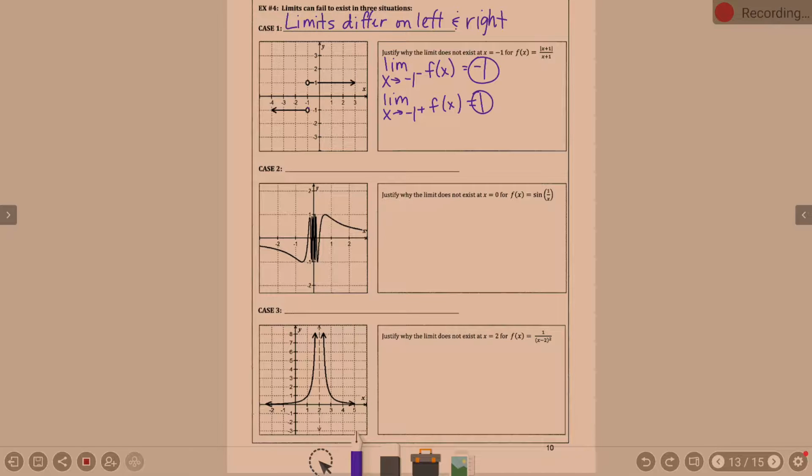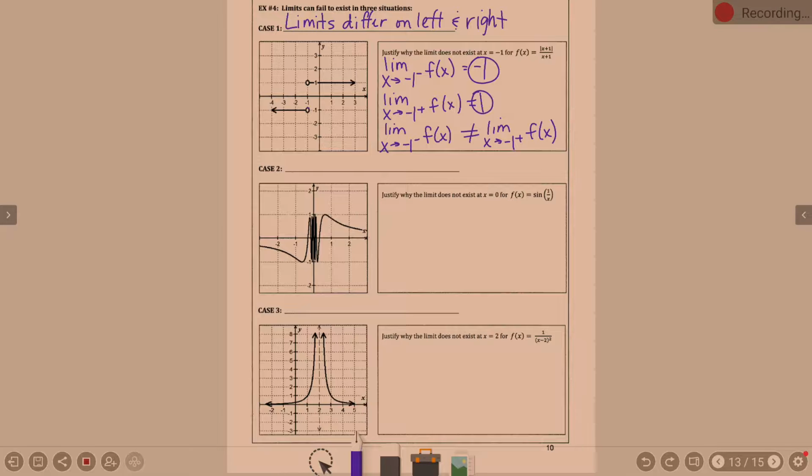Good AP vocab setup. The limit as x approaches -1 from the left of f of x does not equal the limit as x approaches -1 from the right of f of x. We have just justified why that limit does not exist.